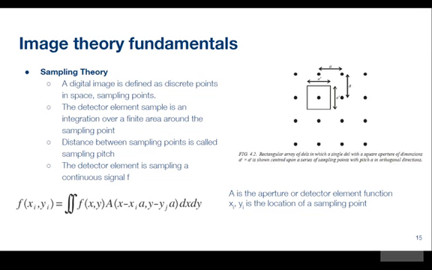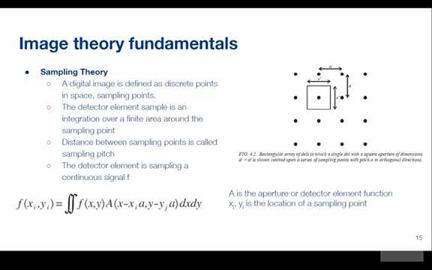And with an X-ray radiograph or a CT, what we're doing is we're dividing the patient up into individual elements, and we're saying, well, we're going to take the average attenuation coefficient over this region. But we have to remember that on the detector, the distance between these sampling points is called the sampling pitch.